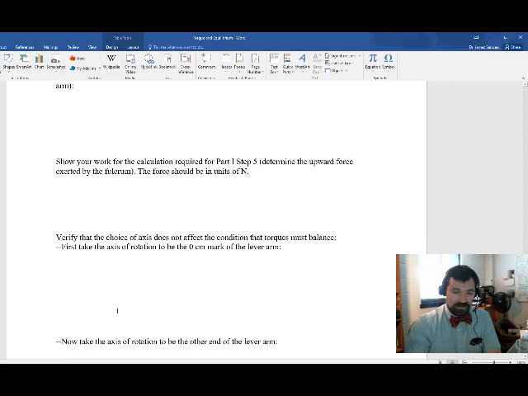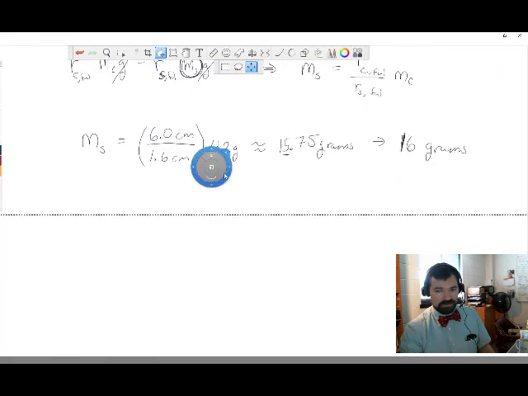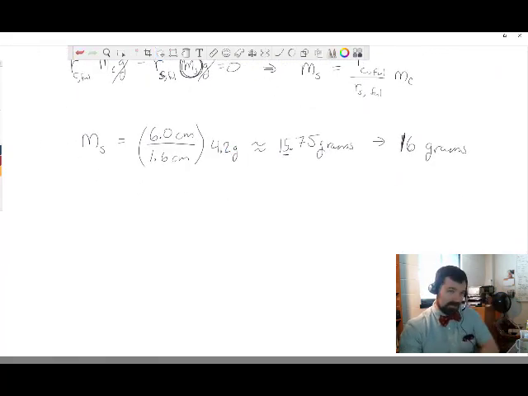The other part here essentially says to figure out what the upward force exerted by the fulcrum is. To do that, all you have to do is apply the other condition for equilibrium. So let's do that real quick. That says the sum of forces must be 0.